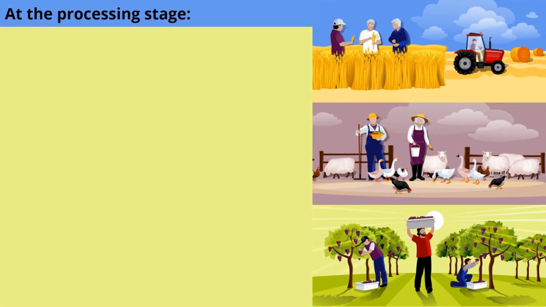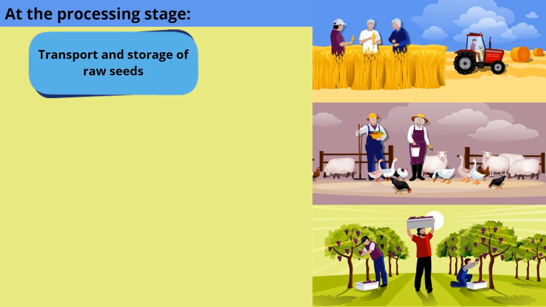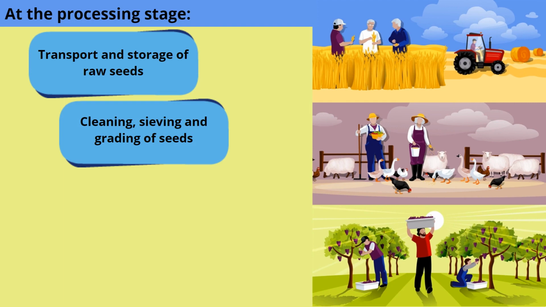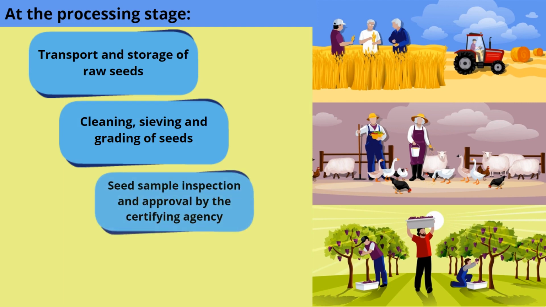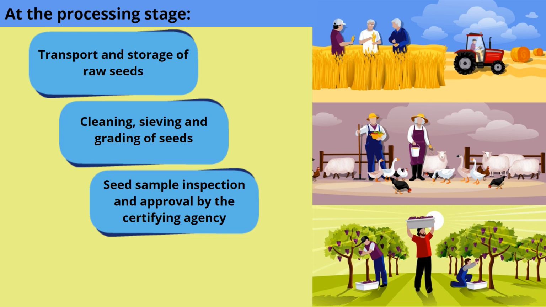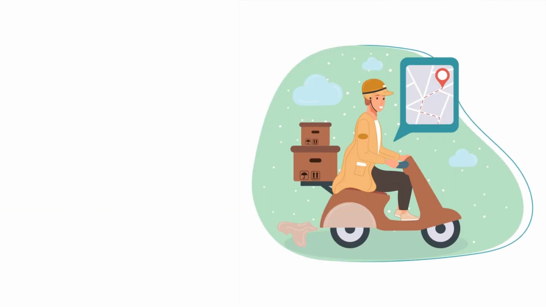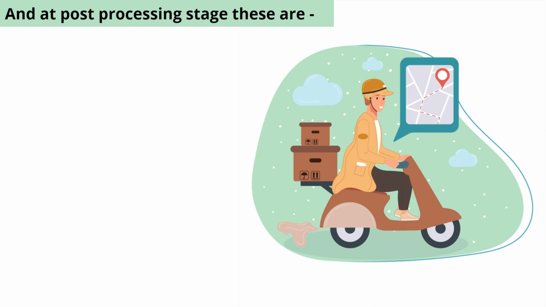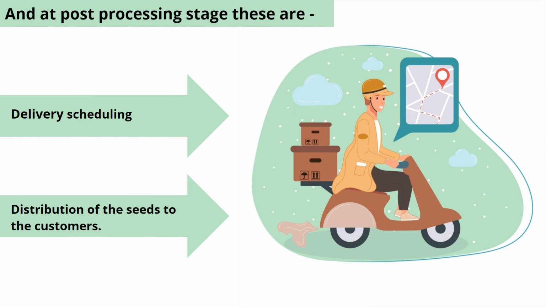At the processing stage, transport and storage of raw seeds, cleaning, sewing, and grading of seeds, seed sample inspection and approval by the certifying agency, and packaging. And at post processing stage, these are delivery scheduling and distribution of seeds to the customers.